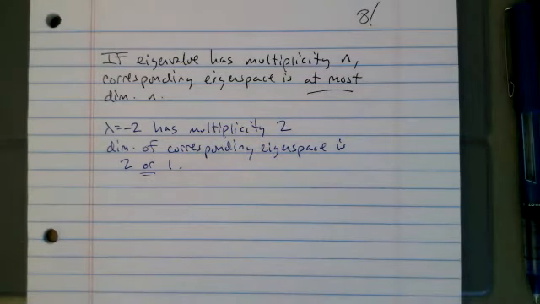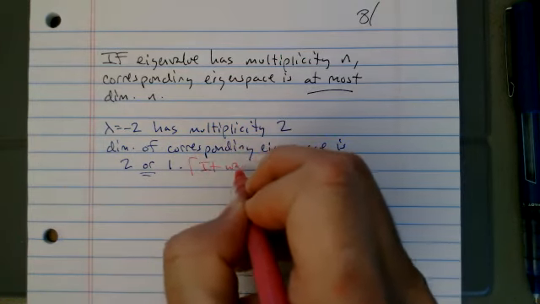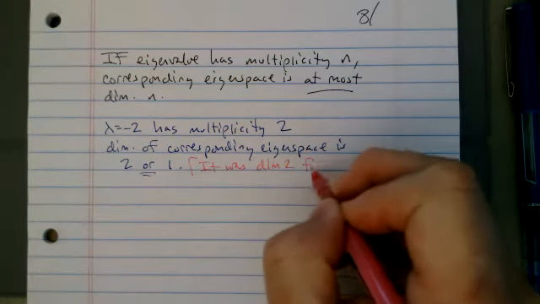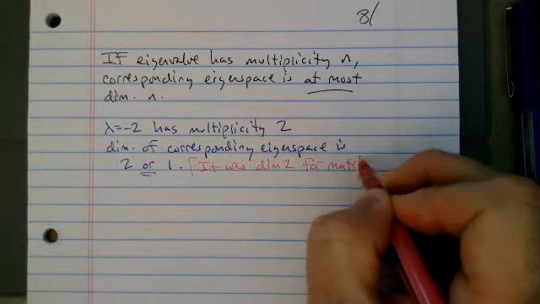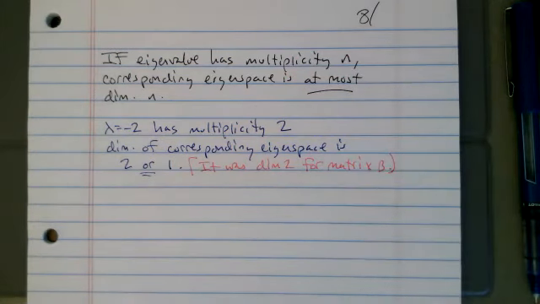It turned out to be 2 in this case, but if all we know is that it has multiplicity 2, it could be 2 or 1. It was 2-dimensional for the matrix B.